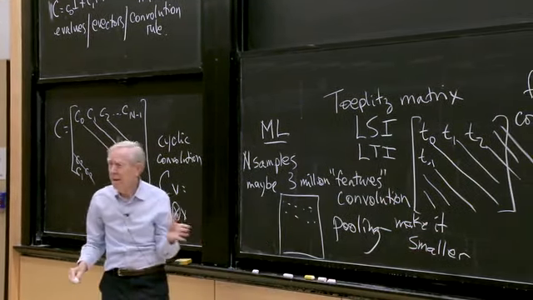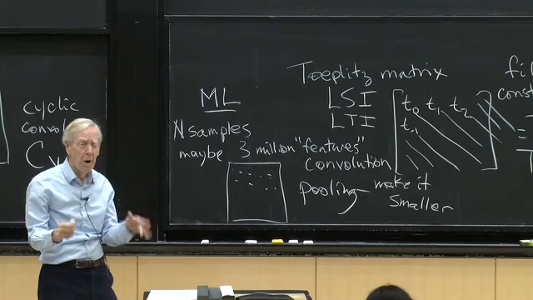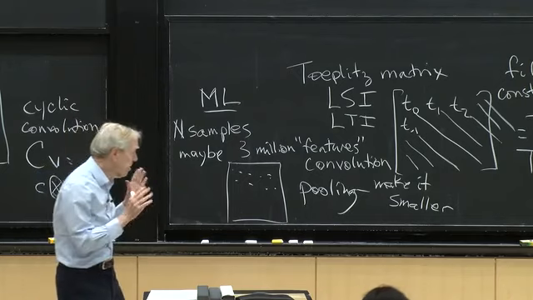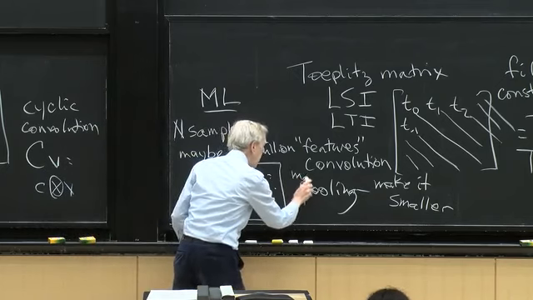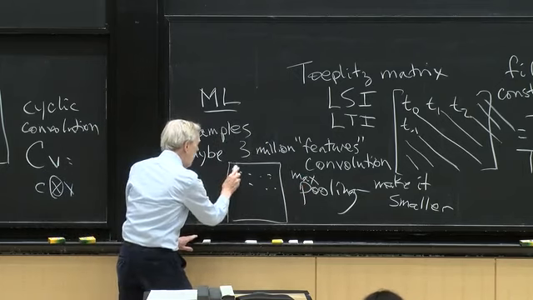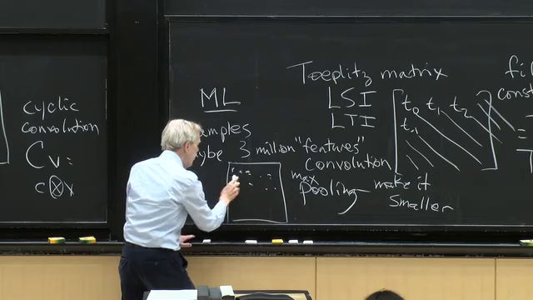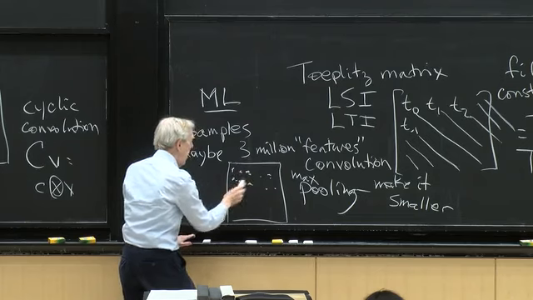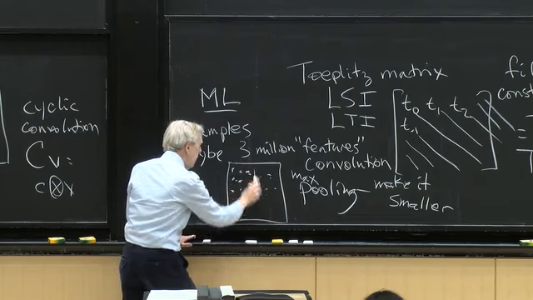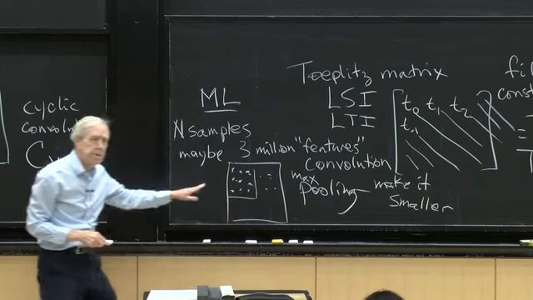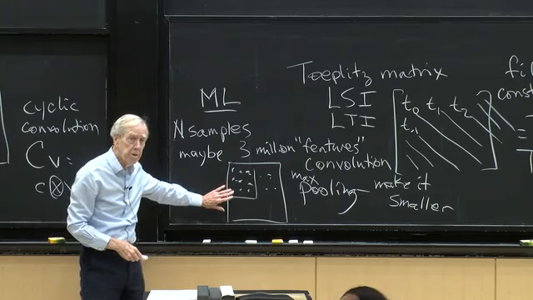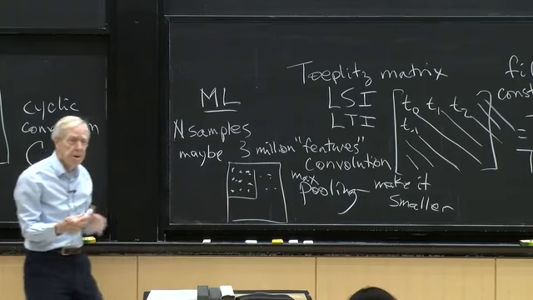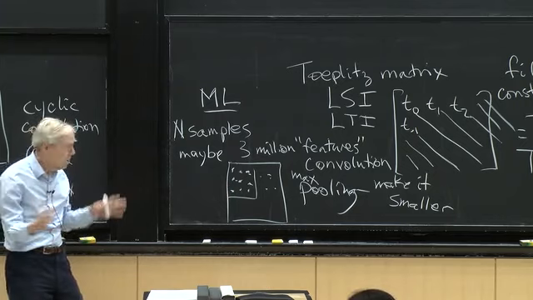So we don't want this larger system. Let's just reduce it. Max pooling would be, say, take them 3 at a time, so 9 pixels, and replace those 9 pixels by 1 pixel, the max of those 9 numbers. That would be a very simple operation that just reduces the dimension.